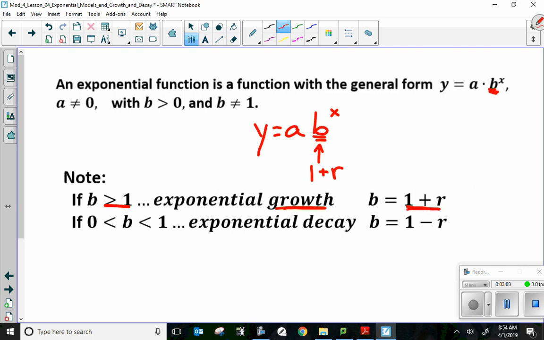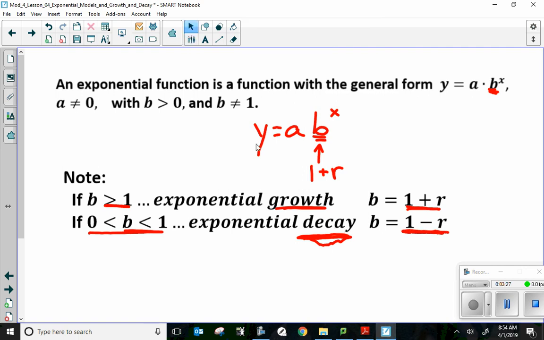If b is between 0 and 1, like 0.5, 0.3, 0.78, whatever, 0.99, then that represents decay. Again, look at that. That means it's 1 minus your r. All right? Basic things about identifying growth or decay in an exponential.